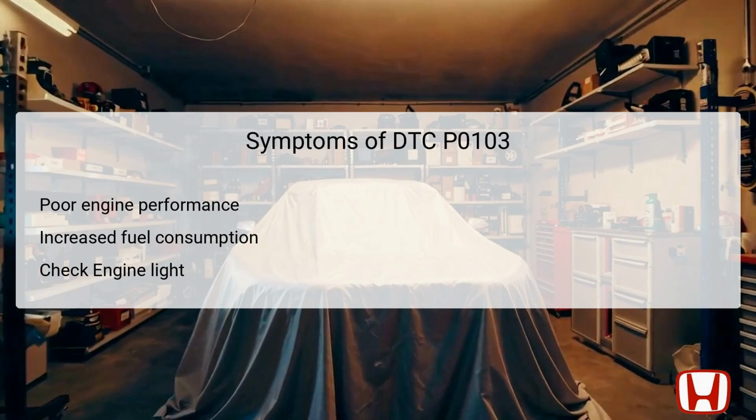The check engine light will illuminate on the dashboard, providing a direct indication that a problem exists within the engine management system. Another possible symptom could be rough idle or engine misfires, further impacting drivability. Recognizing these symptoms can help in identifying the presence of DTC P0103 early on.